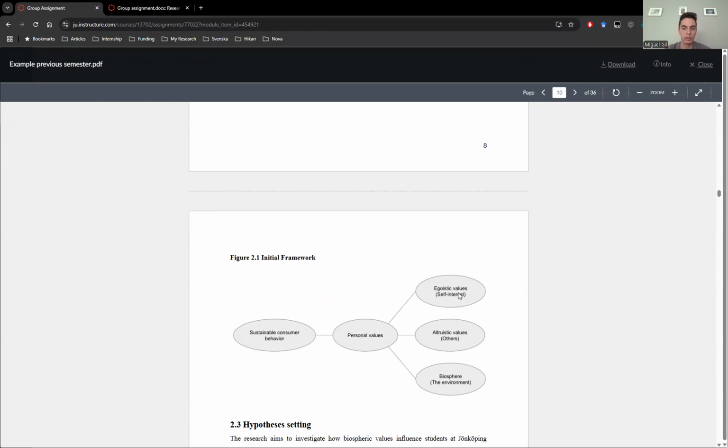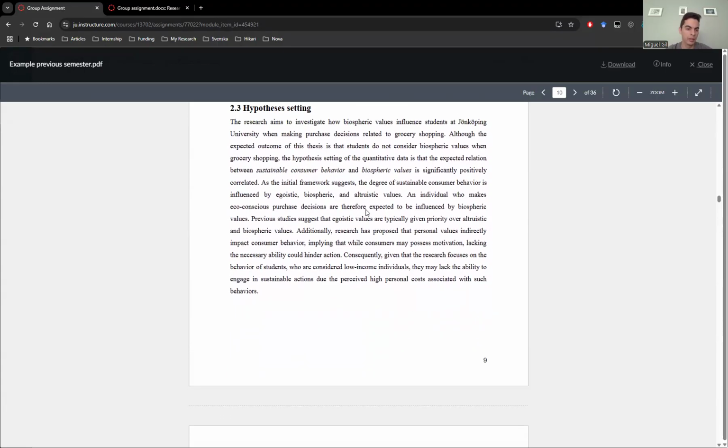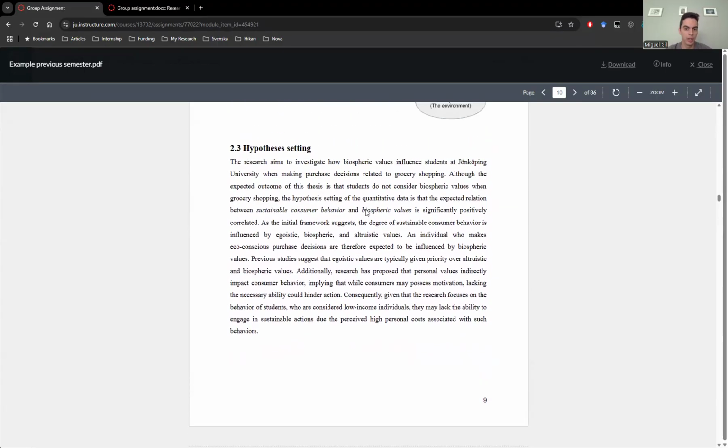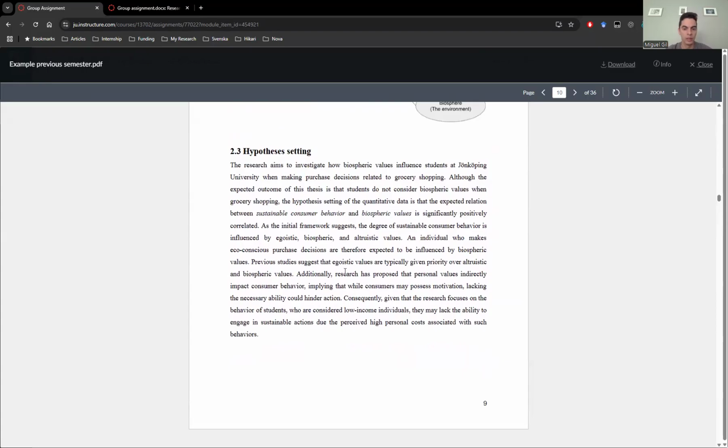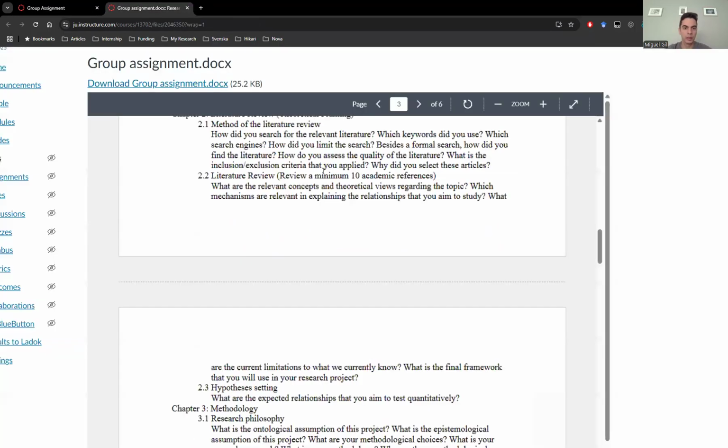I think they identified egoistic values, altruistic values, biosphere in connection to sustainable consumer behavior and values. So try to propose something like that, like they did. I think they did a good job here, so take a look at what they present. So I think that is the literature review.